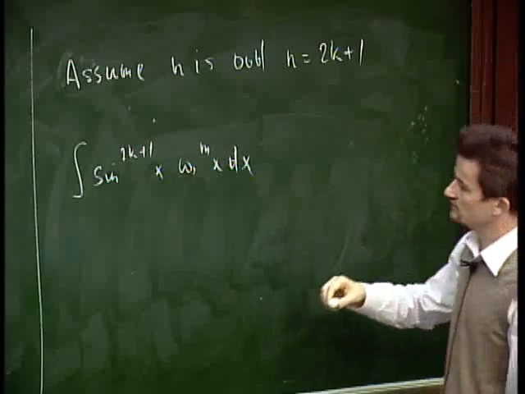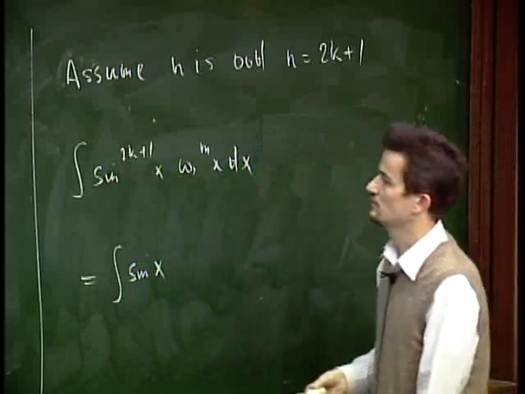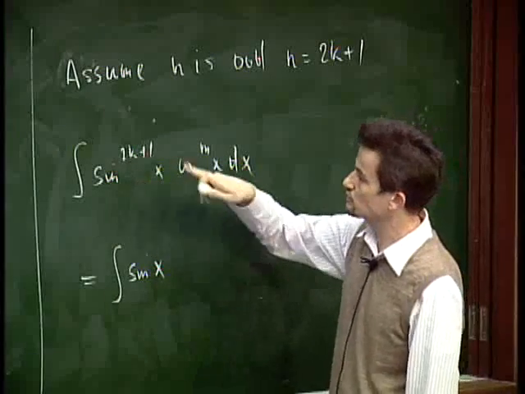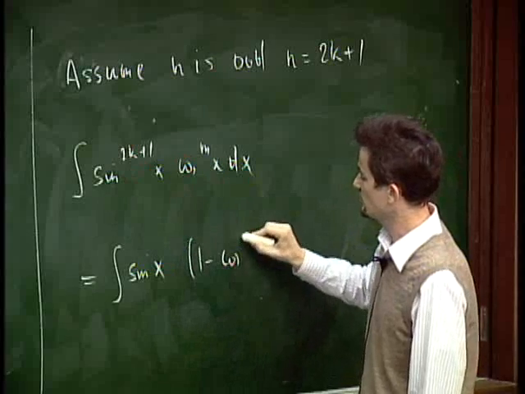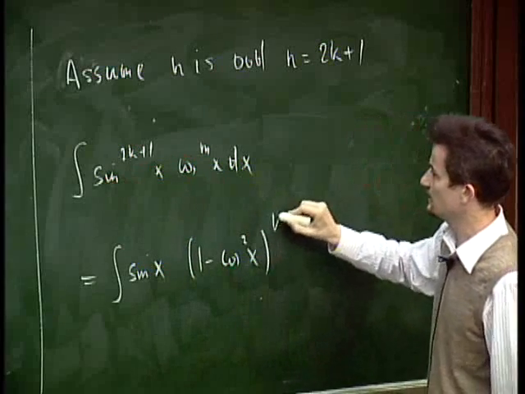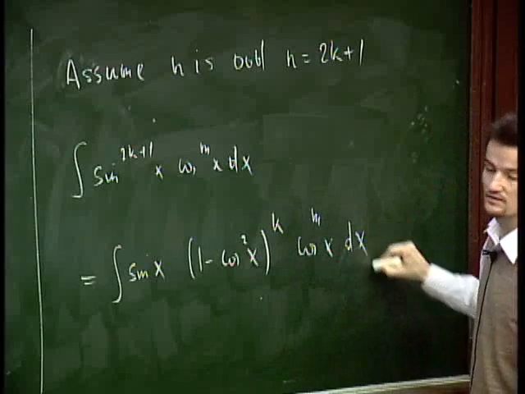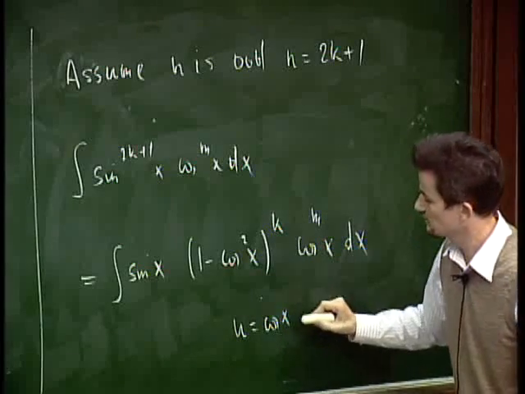Now, in this case, what you do is you take out one sine, and the rest is sine to the 2k, but sine squared you can replace by 1 minus cosine squared of x, to the k, times cosine to the m of x dx. And now you substitute u equal to cosine of x.